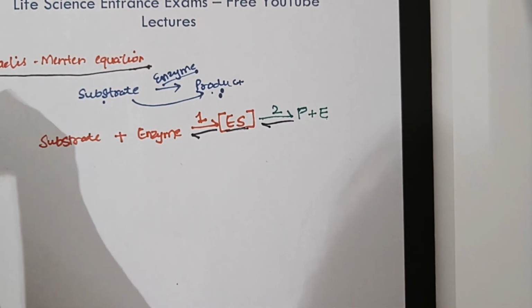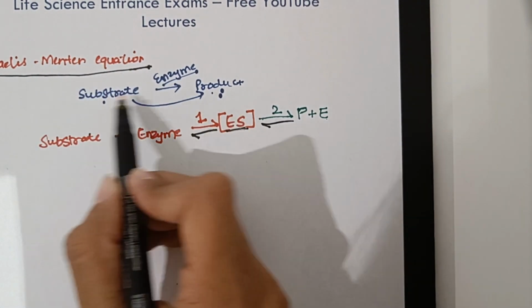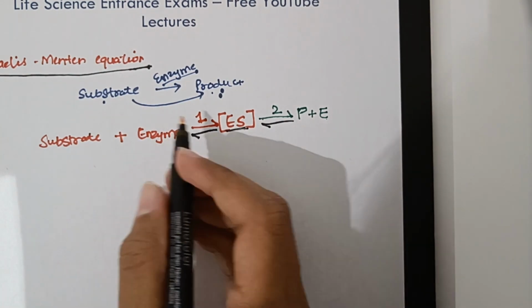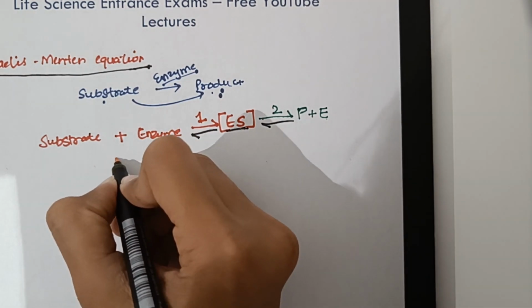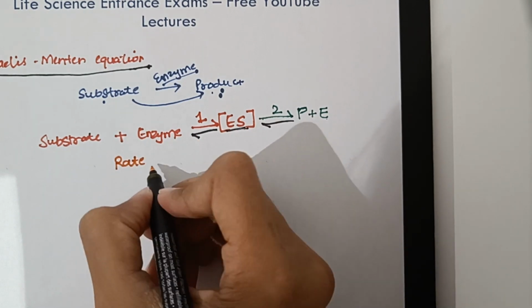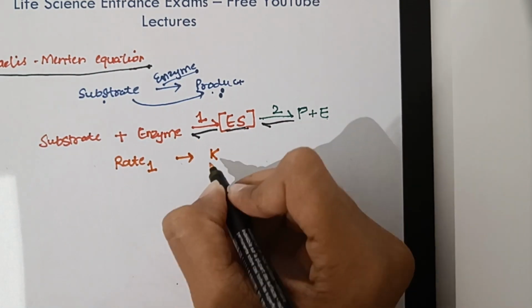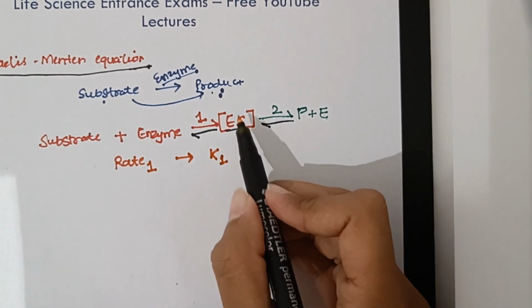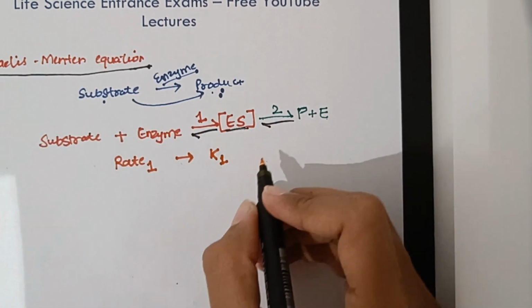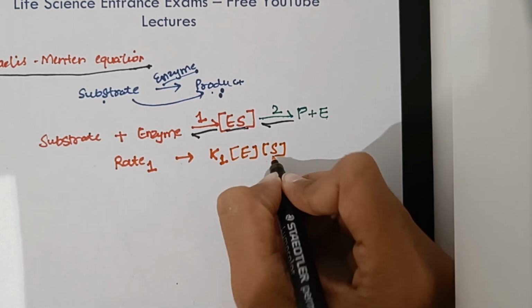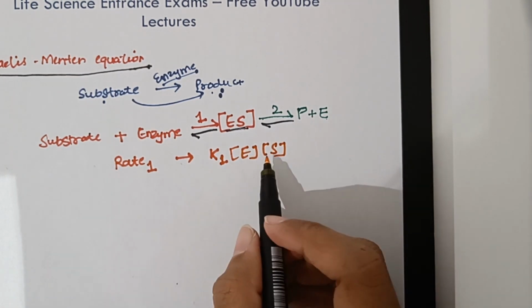From here you can see the first reaction, where the substrate and enzyme form the enzyme substrate complex. The rate of this reaction, which I am going to call rate 1, depends on the rate constant, which depends on different environmental conditions, and on the concentration of enzyme and the concentration of substrate.